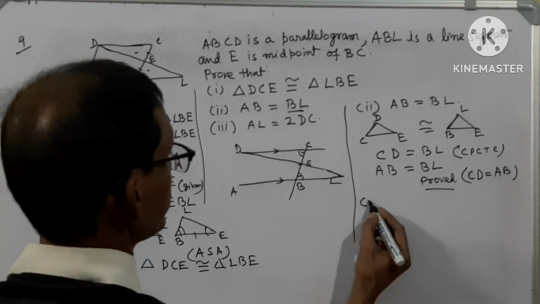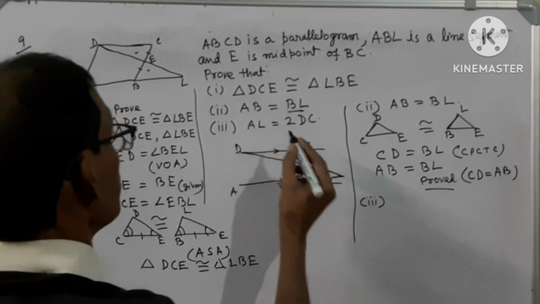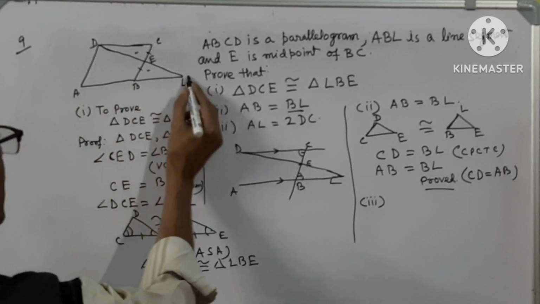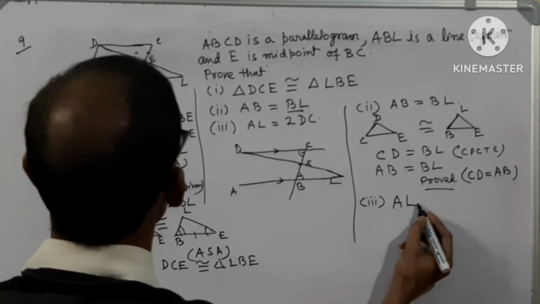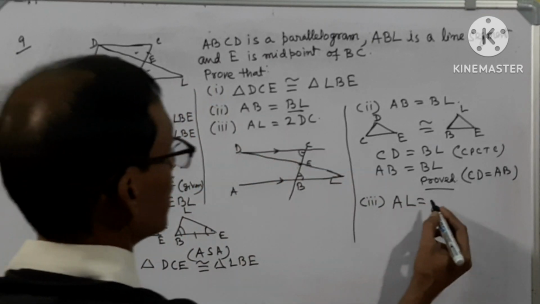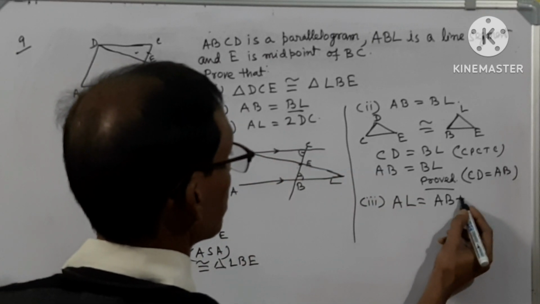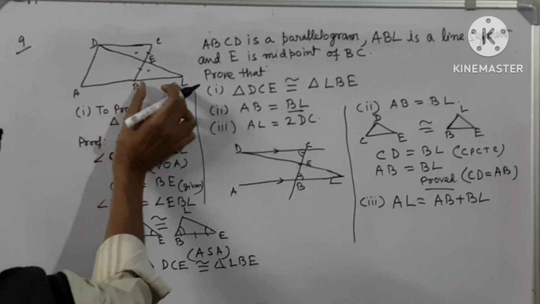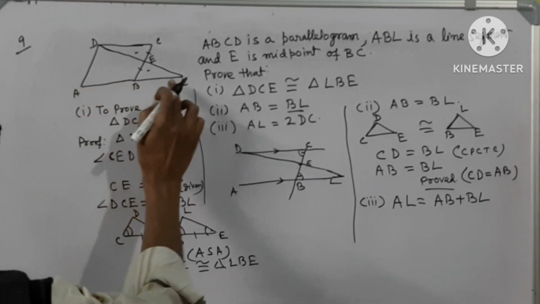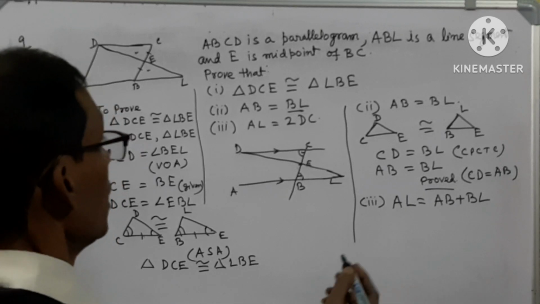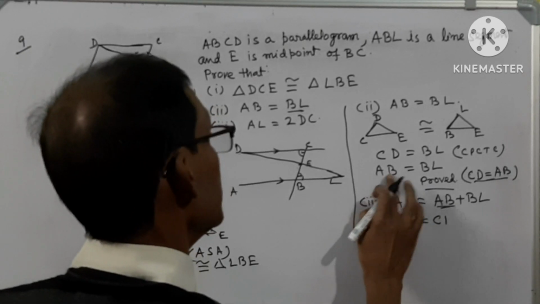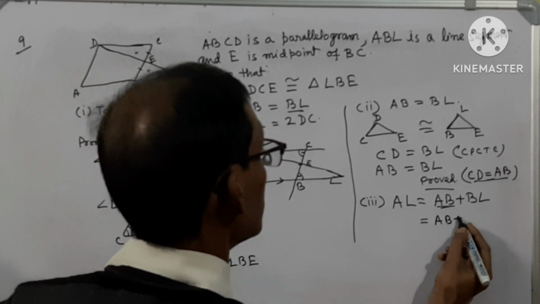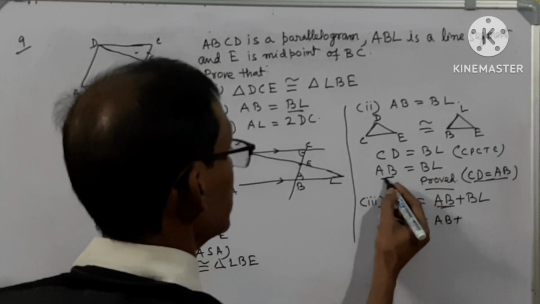Third, we have to prove AL equal to 2DC. See here, AL. We can write AL equals AB plus BL. Two line segments, if you sum them, it will come AL. AB equals BL, so in place of BL I can write AB.